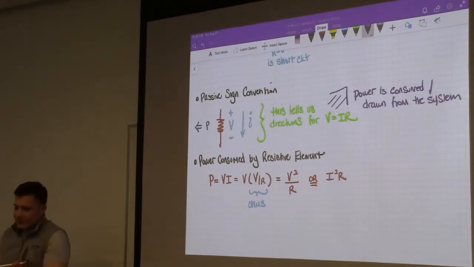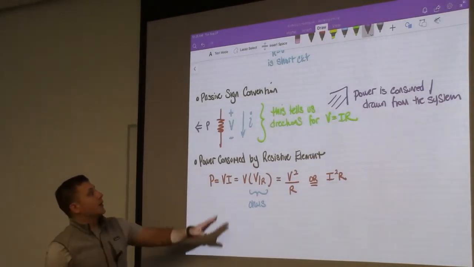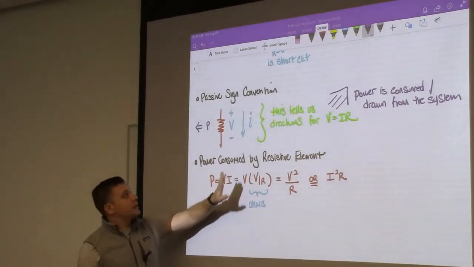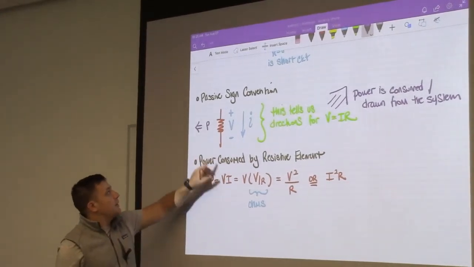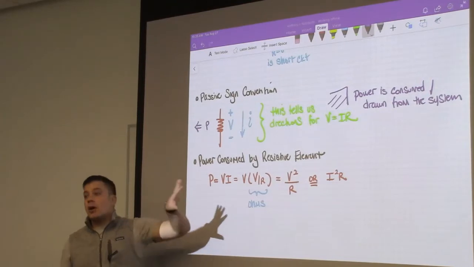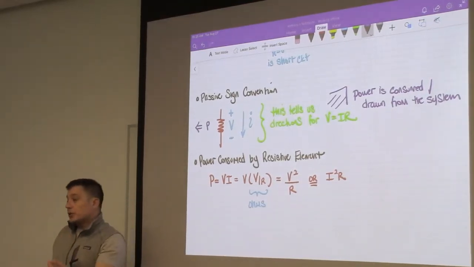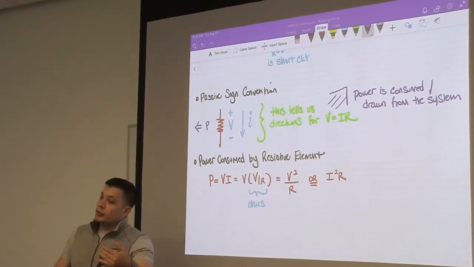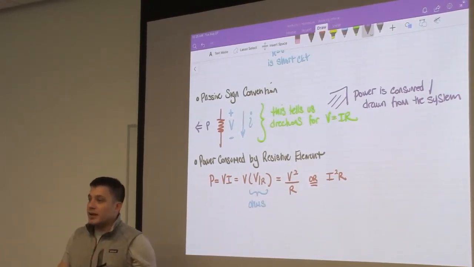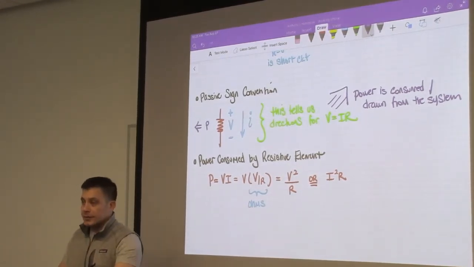Another part of the passive sign convention is saying, if our voltage polarity looks like this, our current direction will look like this, and whatever value of P we calculate is P being drawn from the system. Again, you can still get a negative value for that P, which means drawing negative power, which is the same thing as injecting power into the system.